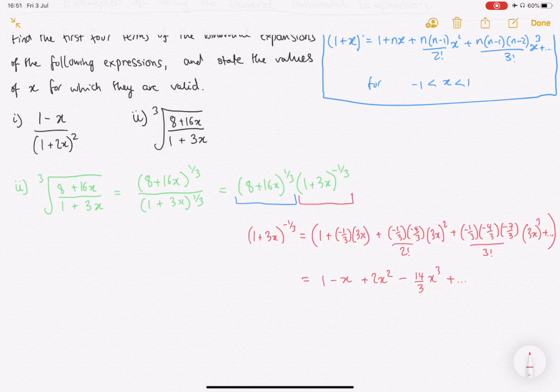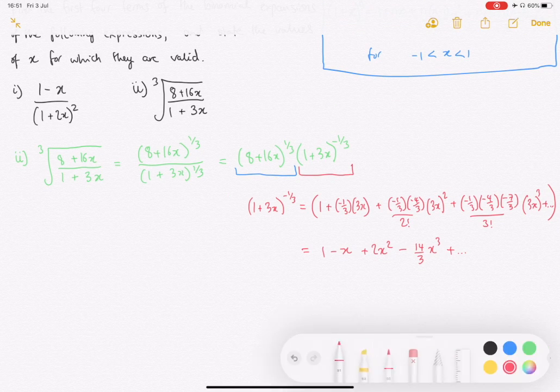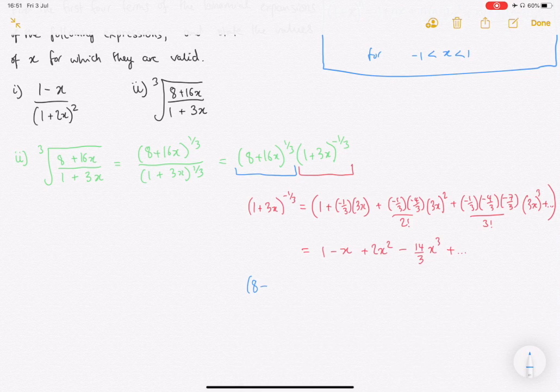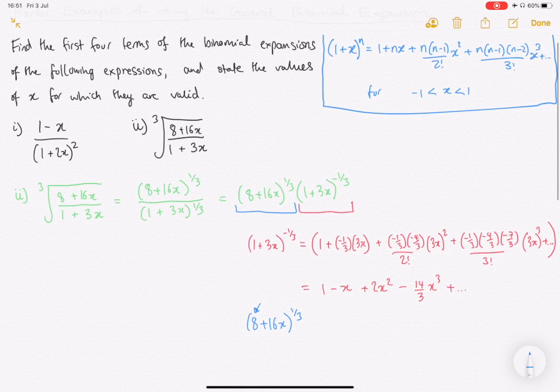Let's similarly deal with 8 plus 16x to the power of the third, and let's do this in blue. So 8 plus 16x to the power of the third. Well, notice here that this 8 is not a 1, and to use our general binomial, we need to make sure we do get a 1 here.